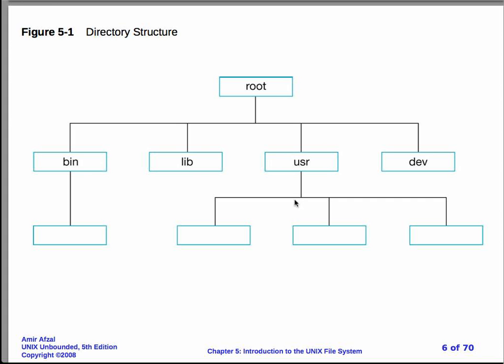Although the book says that you will find it here, you don't see that anymore. More and more people are moving away from /usr. Your home files are not usually over here. And then you have devices, dev.